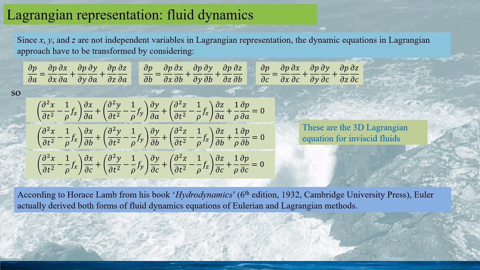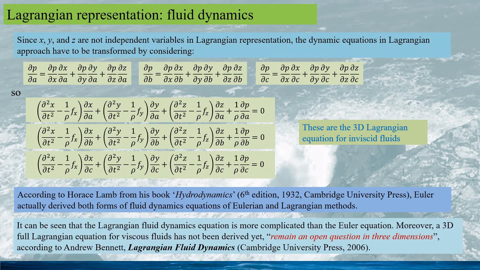According to Horace Lamb, both Euler equation and the fluid dynamic equation in the Lagrangian representation were both derived by Euler. And it should be noted, the fluid dynamic equation in the Lagrangian representation has not been derived yet, according to Andrew Bennett in his book Lagrangian Fluid Dynamics. The problem remains open in 3 dimensions.